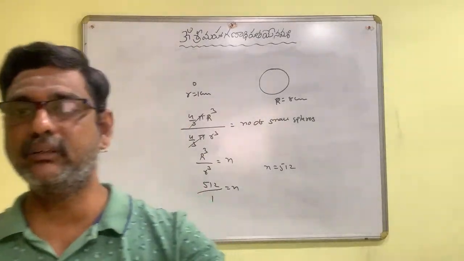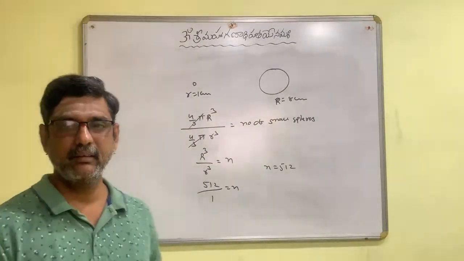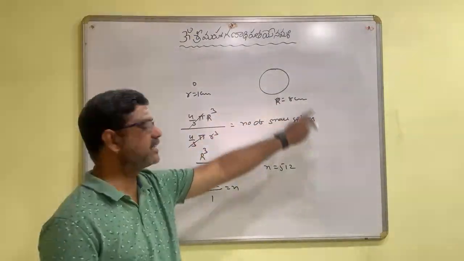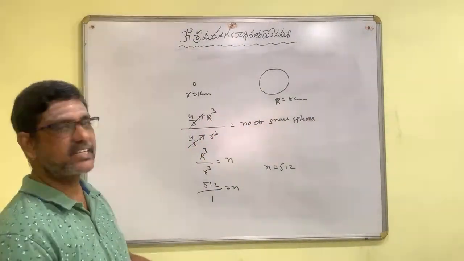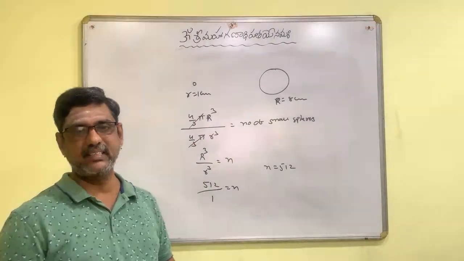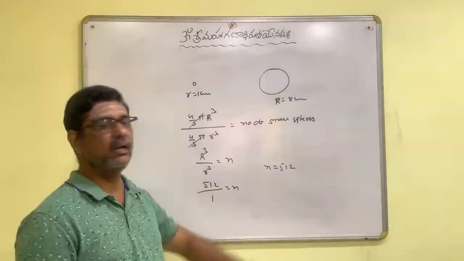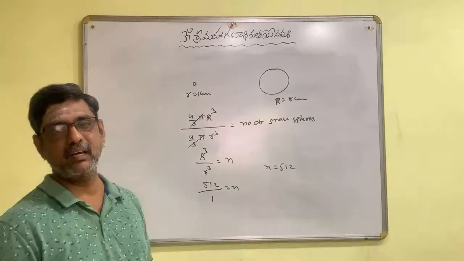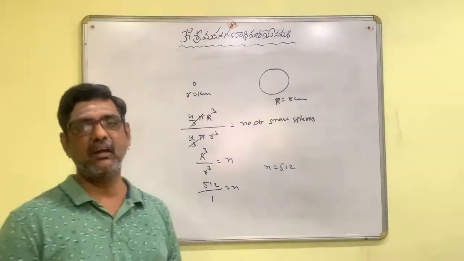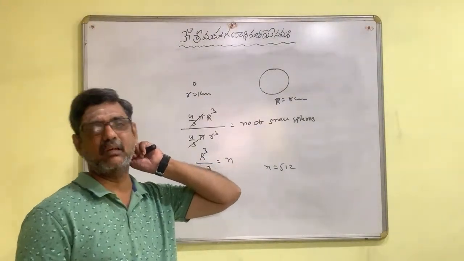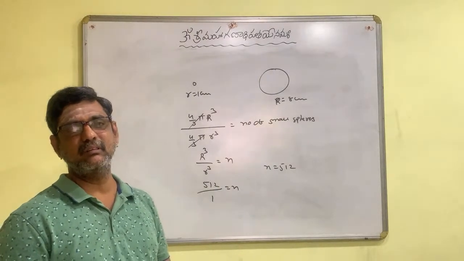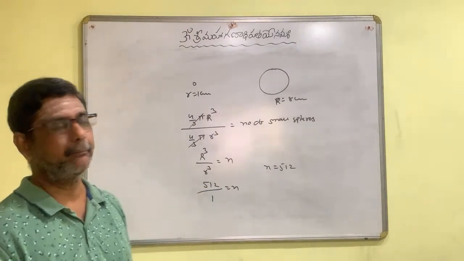That is what we have to understand. From a sphere of radius 8 centimeters, we can get 512 small spheres. Here we call them lead shots. Lead shots are nothing but their shape is like a sphere. Okay?